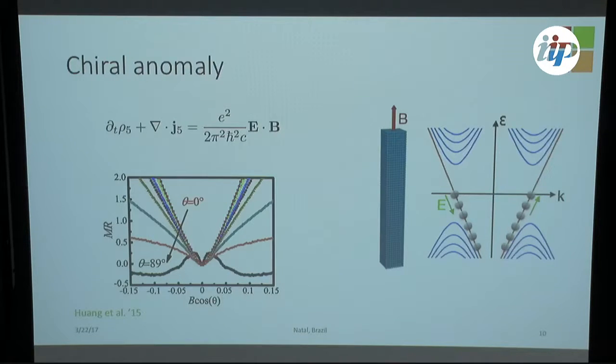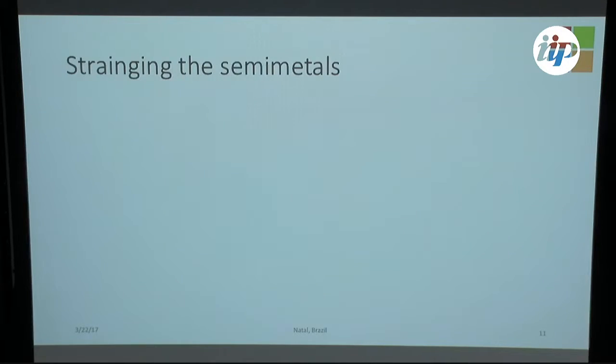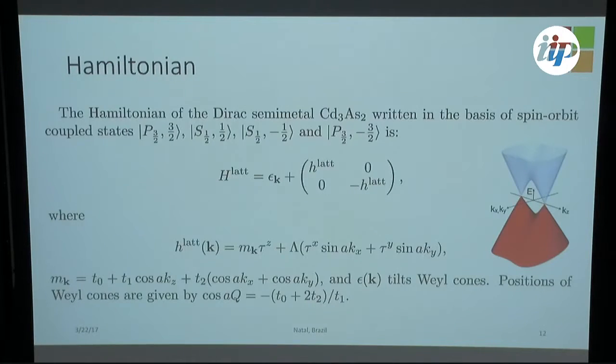Now let's try to get a different type of perturbation of it, not a real magnetic field, but a pseudo-magnetic field, and let me walk you through how we obtain that. To do that, we strain the material. Let's just write the Hamiltonian of the simplest Dirac semimetal, cadmium arsenide.